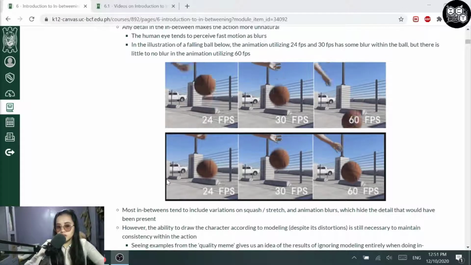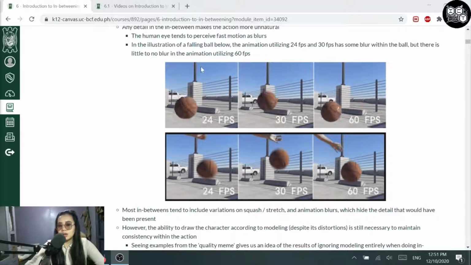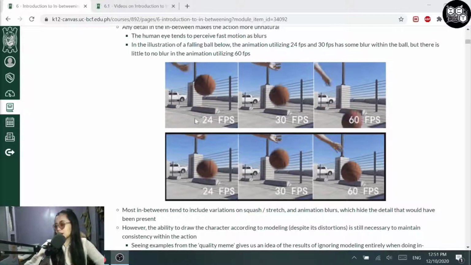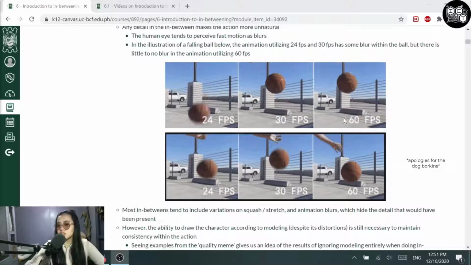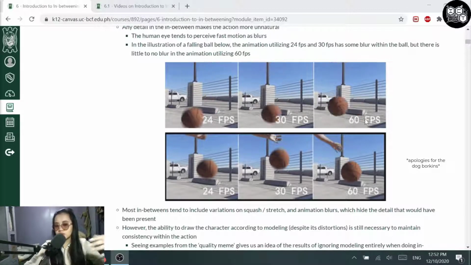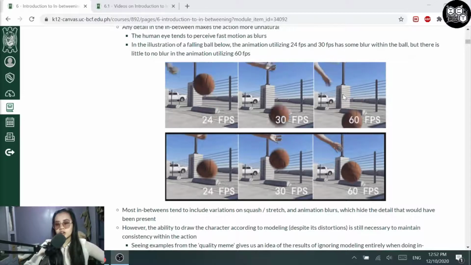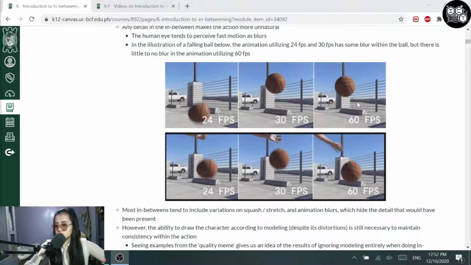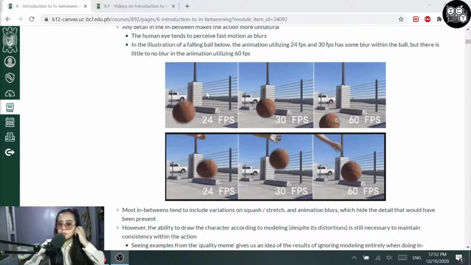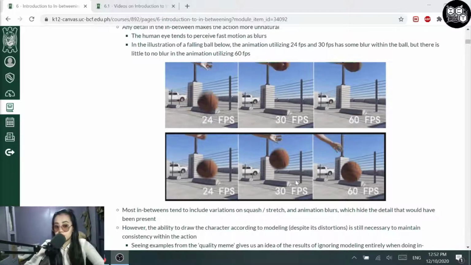The 24 FPS is the one we need when we're animating, because most of the time you would rely on those blurry things, which are your animation blurs. Whereas for 60 FPS, you can see a clear distinction from frame to frame because they're very clear. So it's much more unnatural to use 60 FPS compared to 24 FPS.